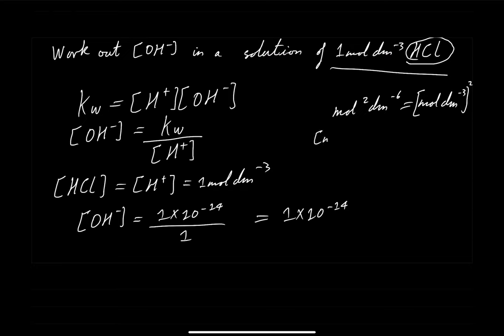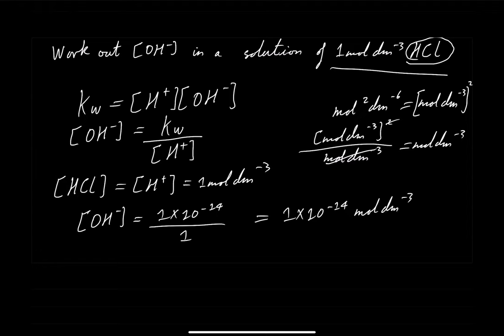So moles per dm cubed squared over moles per dm cubed, which is the same as cancelling that out. We now just have normal moles per dm cubed. So now the concentration of OH minus is 1 times 10 to the power of minus 14 moles per dm cubed. And this is what we'd expect.